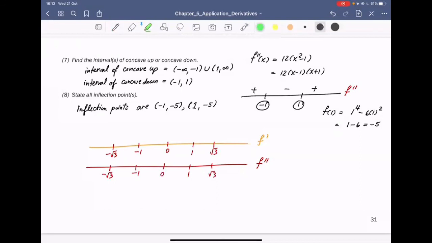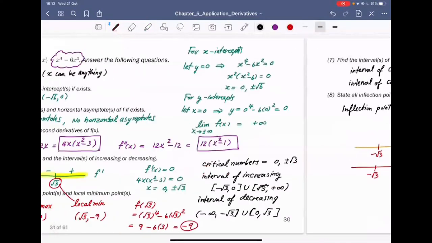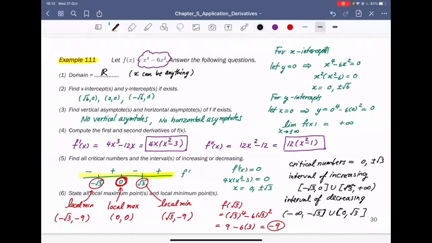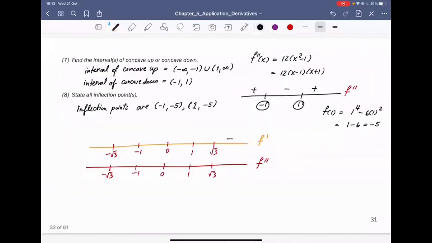Here, what I'm going to do is put the signs over there. For the graph of f prime, it's going to be plus and minus like that. From 0 to square root 3, this is minus, right?